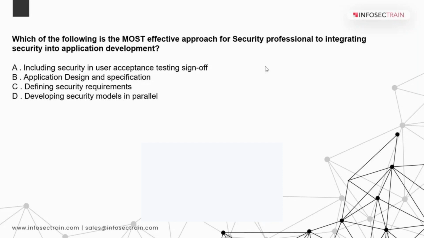Developing your security model in parallel is a no. Your application design and specification is a no, because in the design phase you have to do threat modeling. Always remember, from the exam point of view, in which phase you have to do threat modeling? The application design and specification phase. So you have to relate like this.